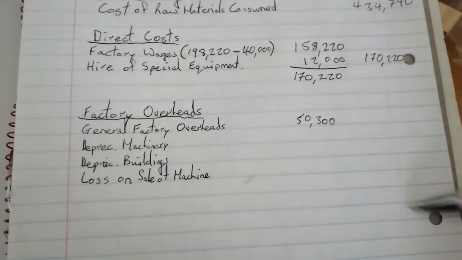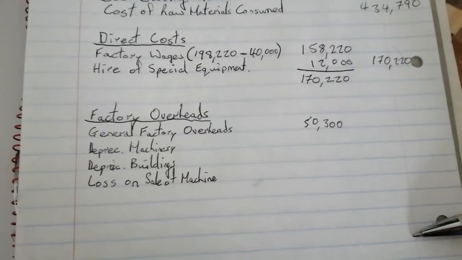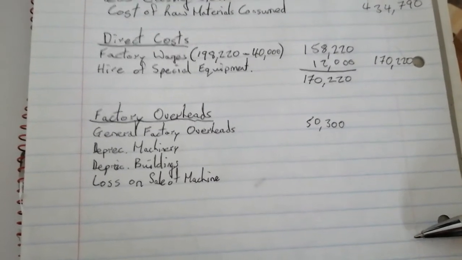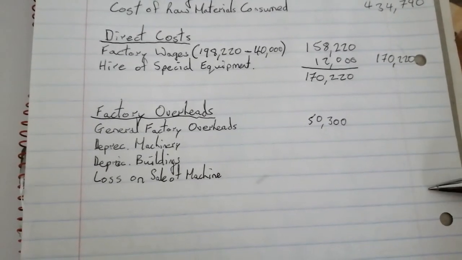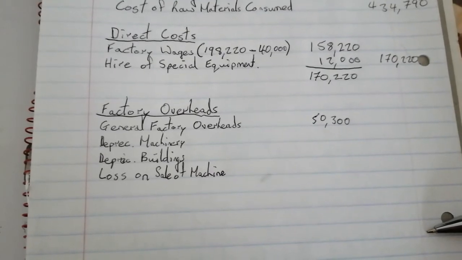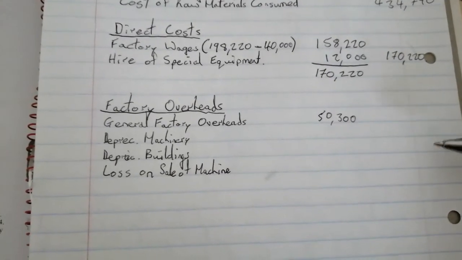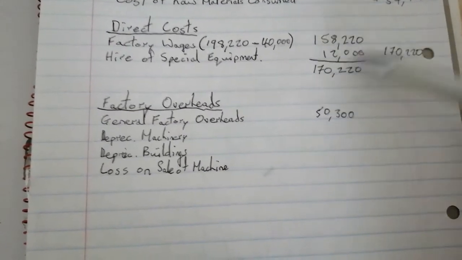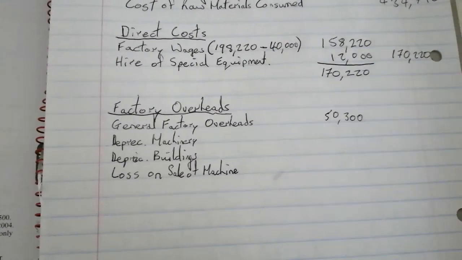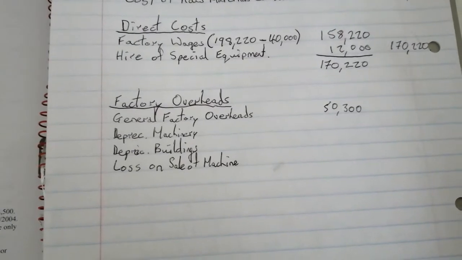So at the end we have the total cost of production. So if you made a profit or a gain during the manufacturing process, it would actually go down as a minus in here to offset or lower your total cost of production a bit. So really your gains go in as minuses here, whereas your expenses go in as pluses in this manufacturing account, because ultimately you want to find out what your total cost is of manufacturing.